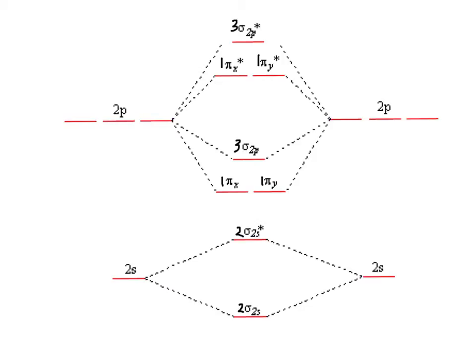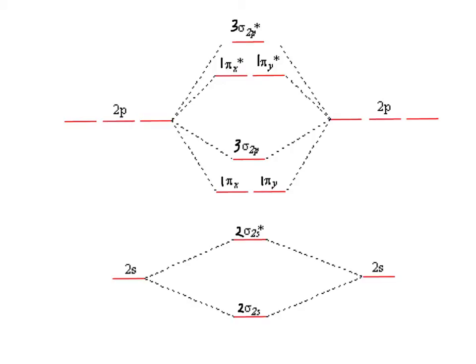Okay, so here is our extended picture that involves the higher lying atomic orbitals 2s and 2p. The atomic orbitals, just like before, are shown on the left and the right corresponding to the two atoms that would combine together to form our molecule, and the molecular orbitals are shown right in the middle. Note, of course, that we do have the 1s orbital lying below the 2s level.